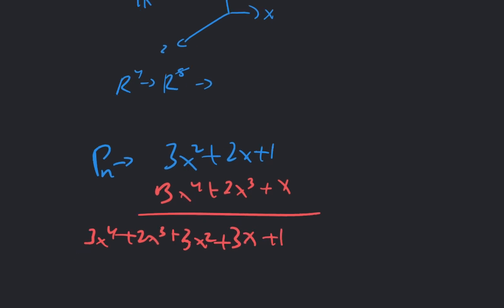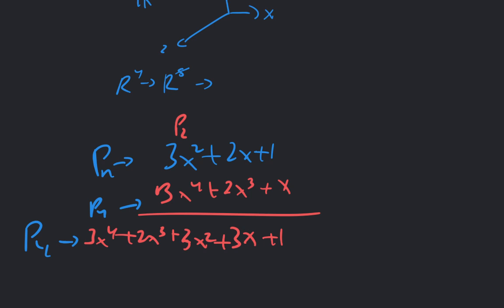This would work if we're in P4, because we're in degree 4. But if we're in P2, it could also be extended to P4 with 0 and 0 for the x to the 4th and x cubed terms.